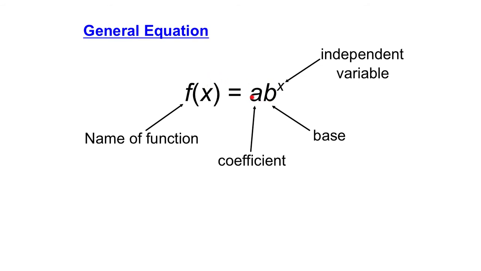This part here, a times b to the exponent x, is the general form that all of our exponential functions are going to take. a is the coefficient, b is the base of the power, and the exponent is your independent variable, whatever it is that you're measuring. So this is the format that all of our exponential functions are going to be written in, a times b to the exponent x.